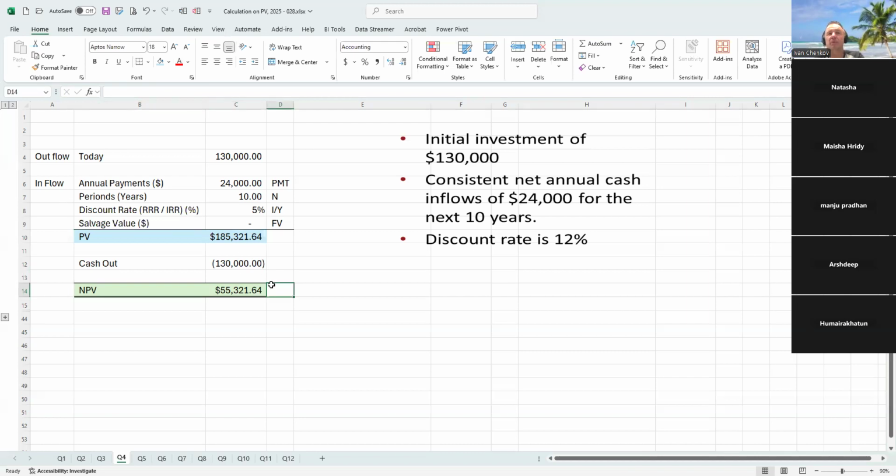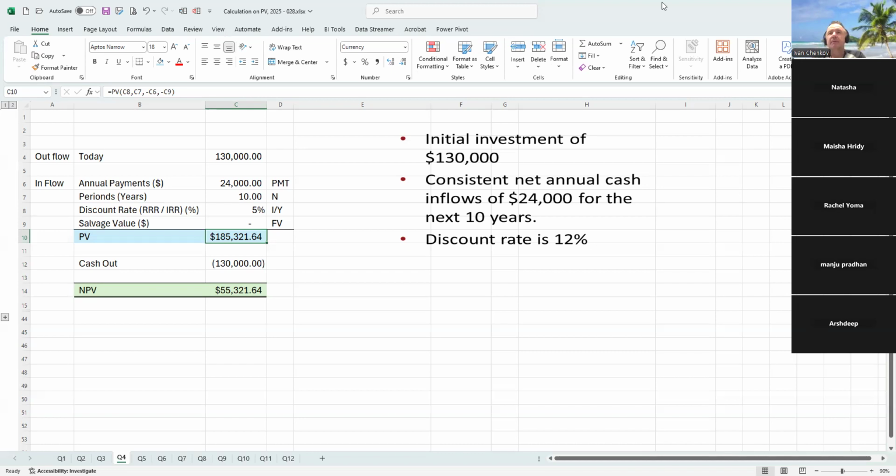Because remember, when the net present value is 0, that means the present value of all the calculation is equal to the initial investment. That's the only way you can get it to 0. So basically, what you're chasing is the present value of the future cash to be exactly the same amount as the cash that you're spending today.